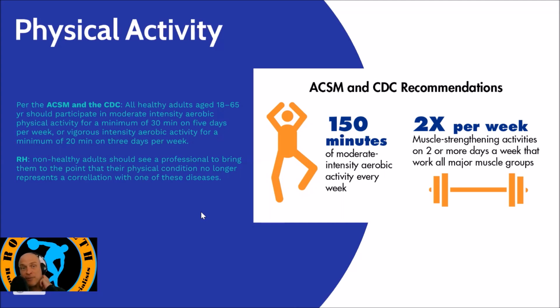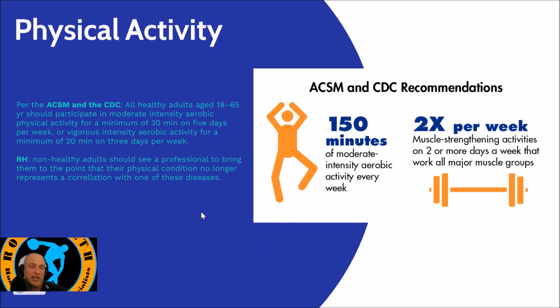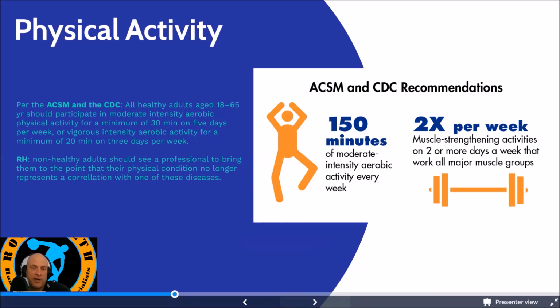Those people should see a professional to bring them to the point that their physical condition is no longer representing a correlation with one of those diseases. In other words, they should see an educated and experienced professional that can help them get to the point where their biometrics that we just discussed no longer are correlated with the diseases that we had mentioned in our first two videos.